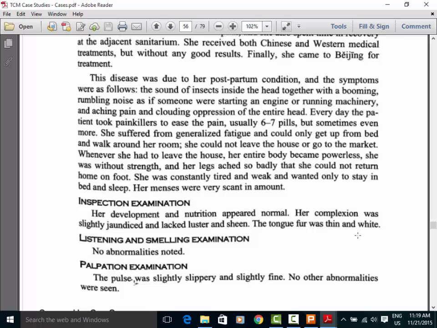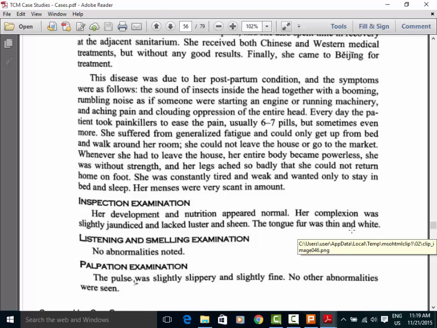Okay. Her development and nutrition appeared normal. Complexion was slightly jaundiced and lacked luster and sheen. Tongue fur was thin and white. No abnormalities noted for listening and smelling. Pulse was slightly slippery and slightly fine. This is more complex, isn't it?